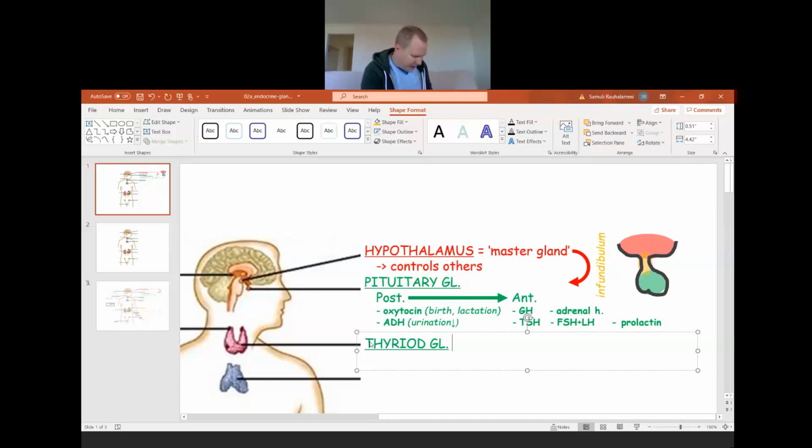So that might be kind of helping you to locate that. And what I want to do here is highlight that the thyroid is really involved with regulating the metabolism, so the metabolic rate of an individual.